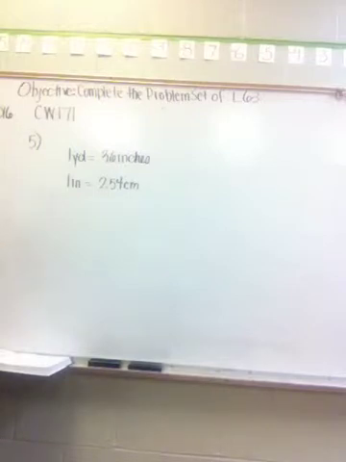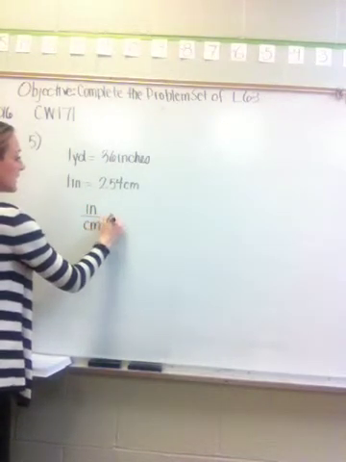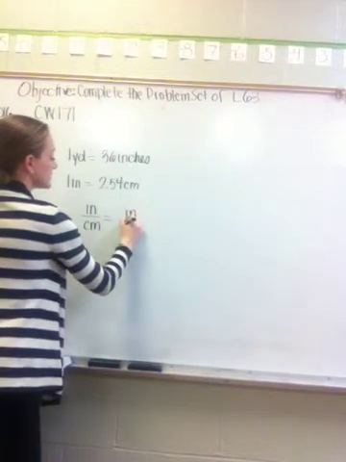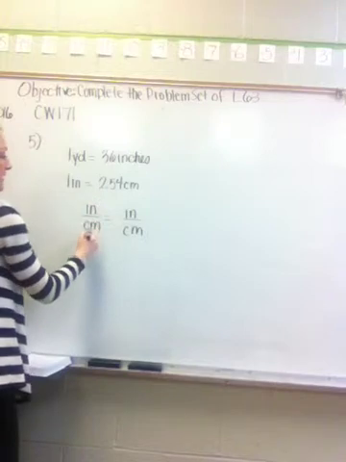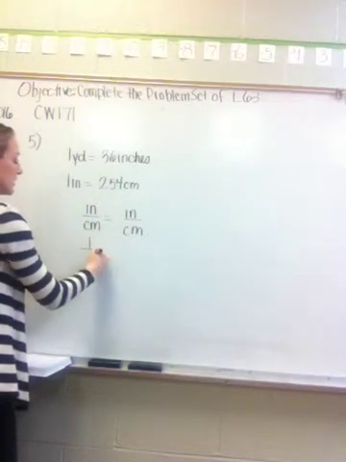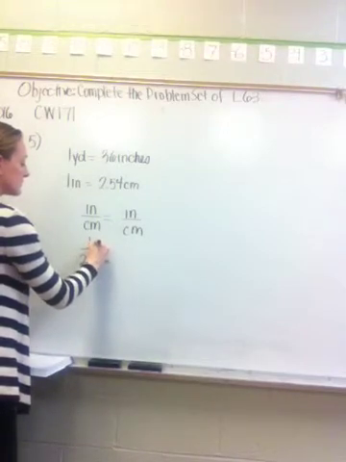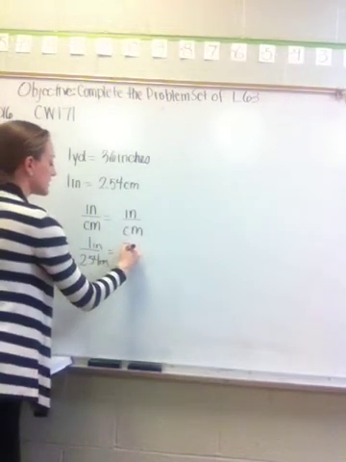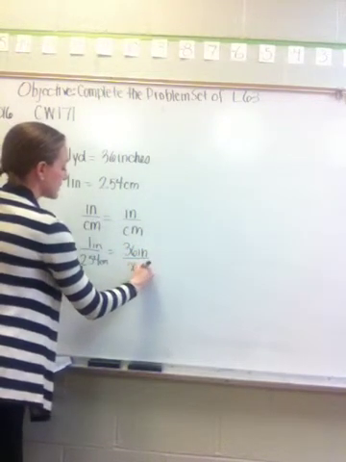Tell me what my units are going to be in my ratio. Centimeters and inches. Does that make sense? So we're going to have inches is to centimeters as inches is to centimeters. This is going to be my conversion. So 1 inch is equal to 2.54 centimeters, as 36 inches is to X amount of centimeters.